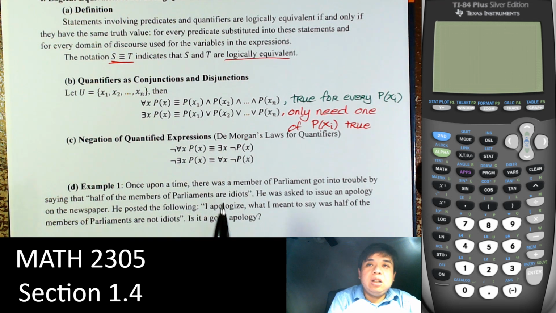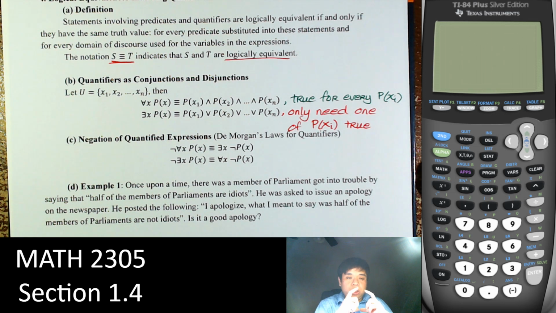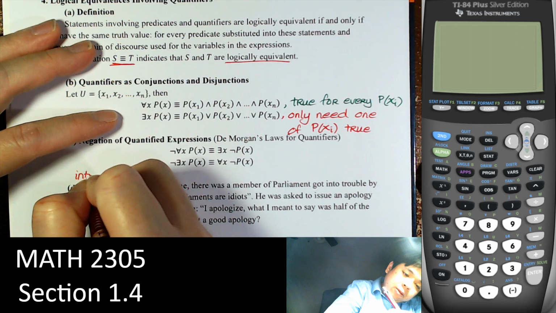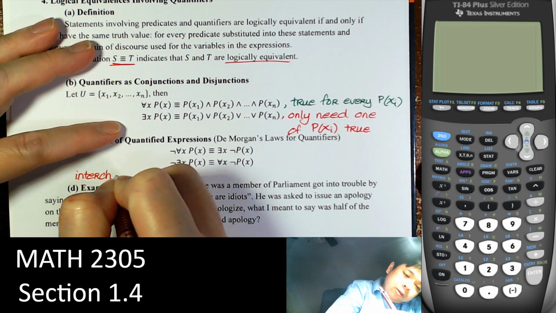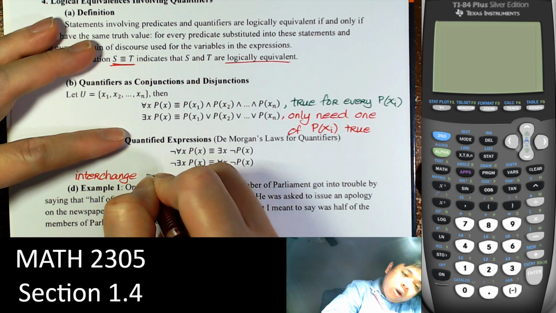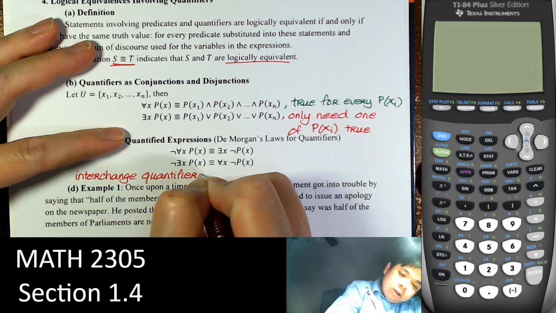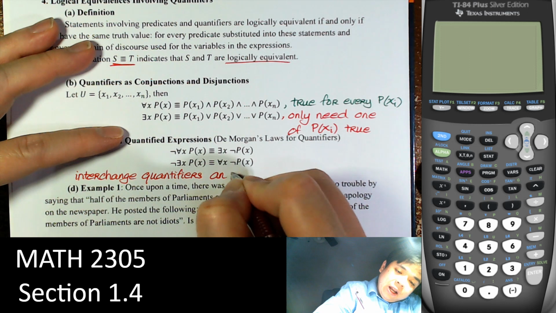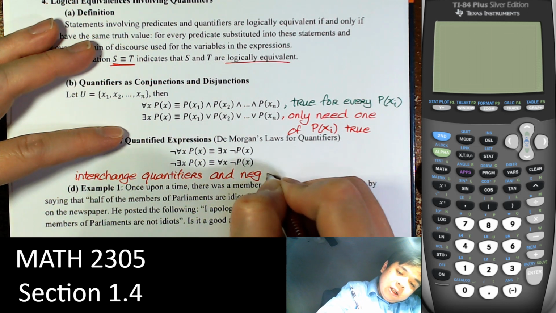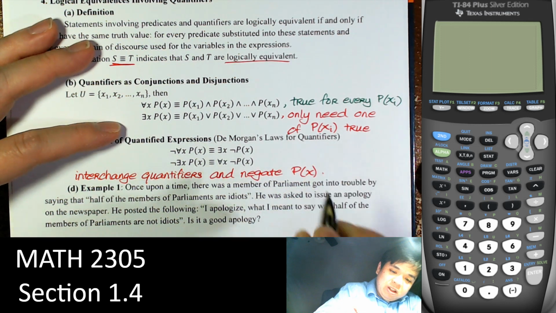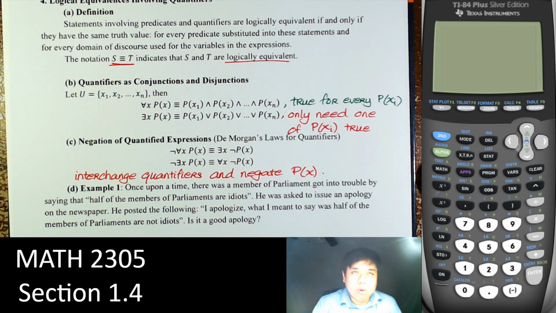So two things: interchange quantifiers and negate the predicate. We have to do two things there.